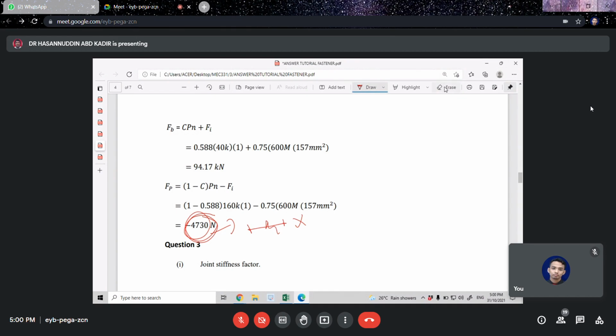Because I repeat again, from the beginning to this point, our force on the bolt must always be positive. So here we can say we are always in tension. But this one is always negative for our part, so compression. Unless we get the value of this one positive, that means our part has already separated because of this force.